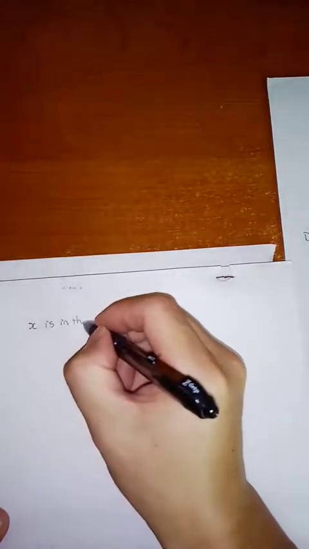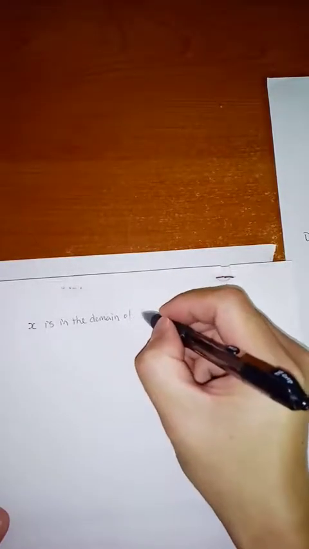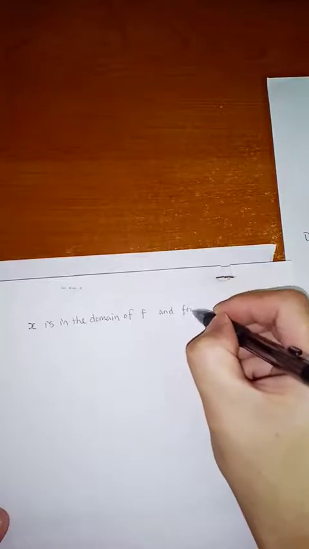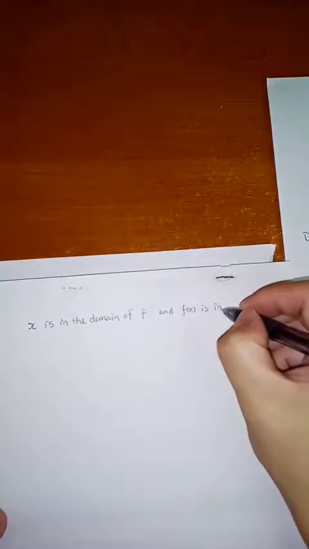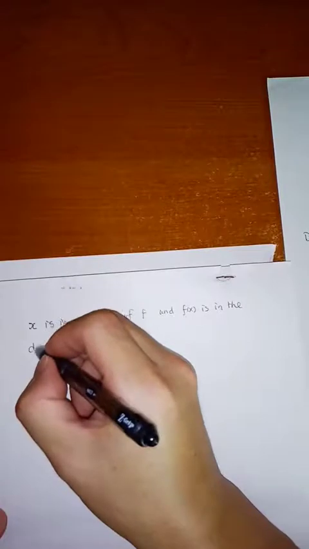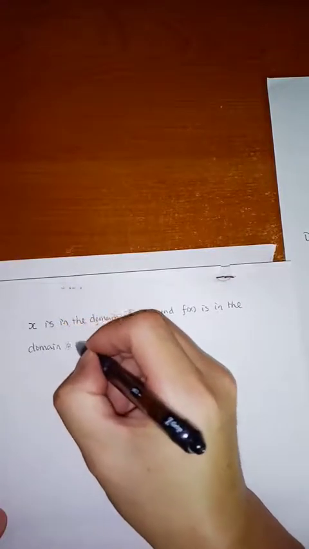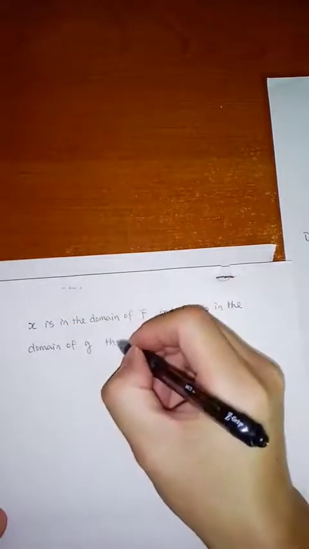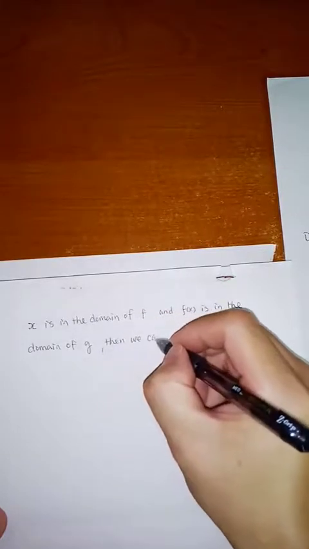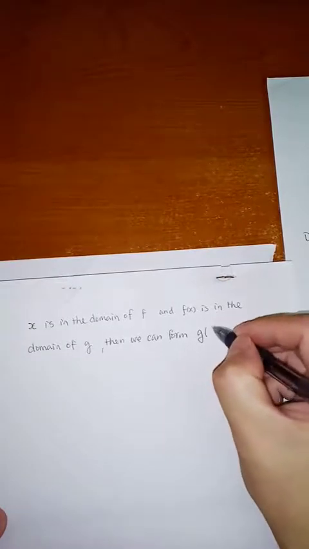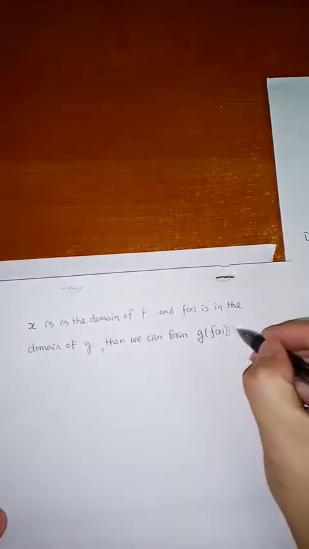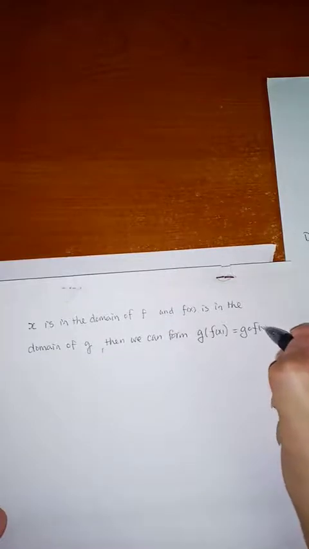So let's see. If x is in the domain of f, and f(x) is in the domain of g, then we can form g of f of x, which is g circle f of x.